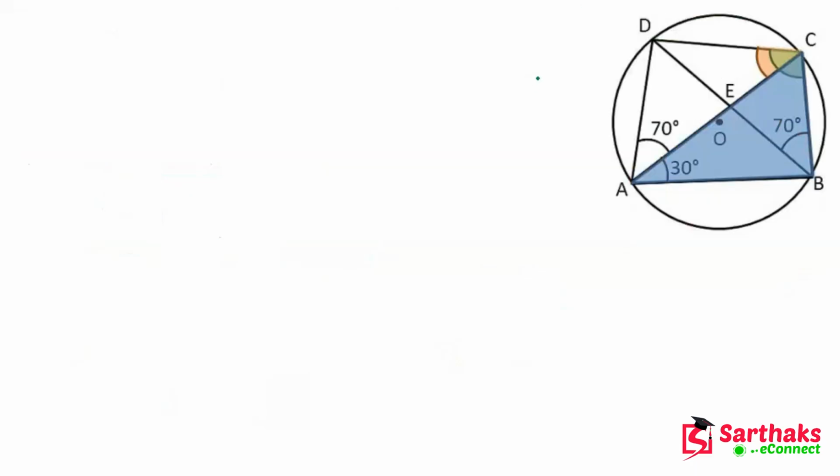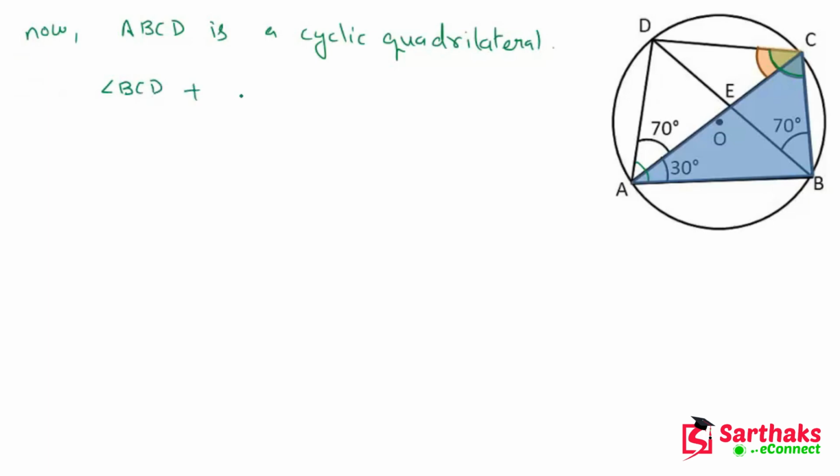Now ABCD is a cyclic quadrilateral, and we know that the sum of opposite angles is 180 degrees. So angle BCD plus angle BAD is equal to 180 degree.